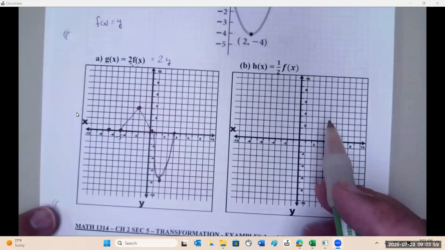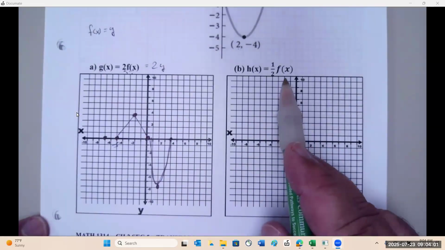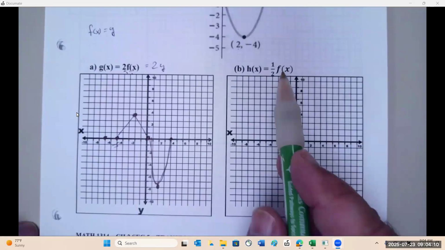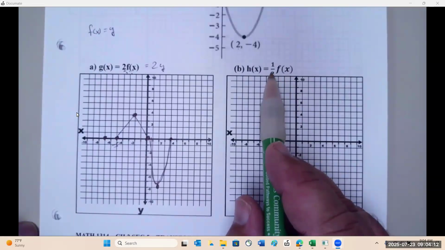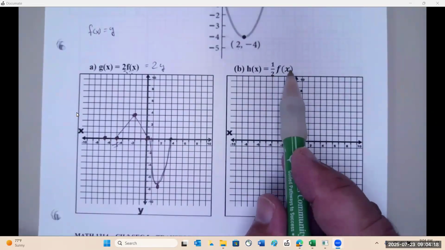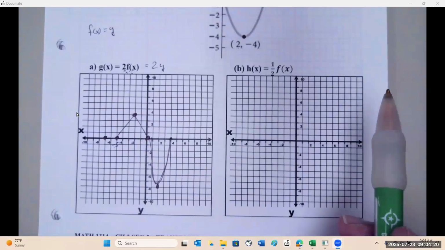What's going to happen in B? Is it a horizontal or vertical change? It's vertical because it's outside. So what does it tell me to do? It's going to be a shrink. So how do I shrink it?